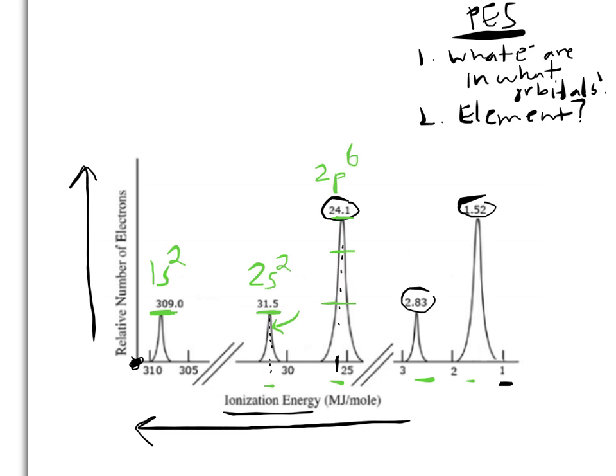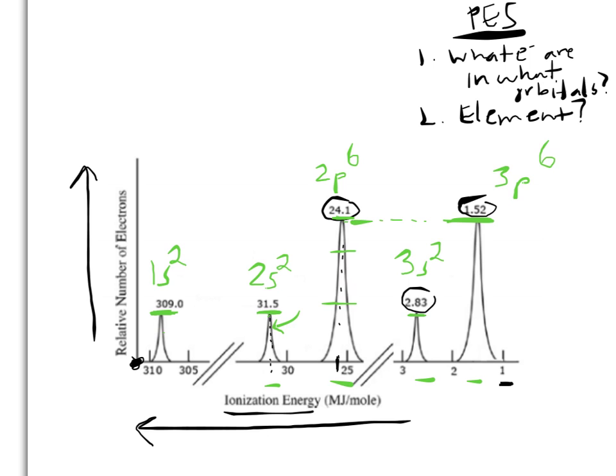After that, we fill up the next highest energy orbital, and that is the 3s. How many electrons? The height of the peak is the same as the other s's, so this must have 2 electrons in it. And then after the 3s comes 3p. Let's compare the height of this peak. That looks pretty similar to the height of the 2p peak, so there must also be 6 electrons in this orbital.